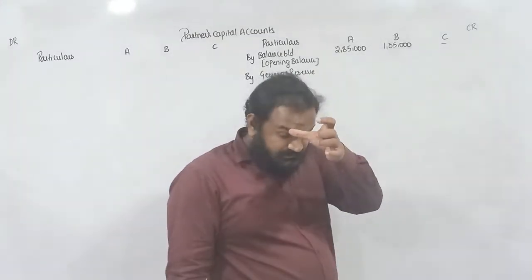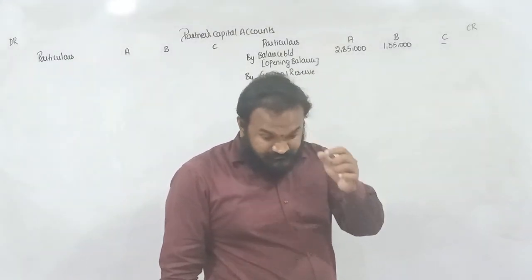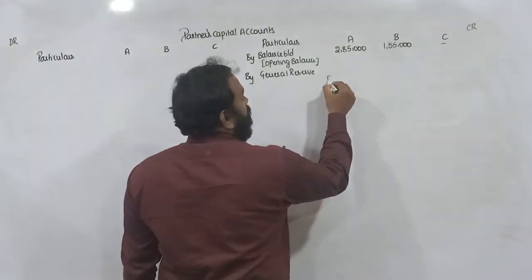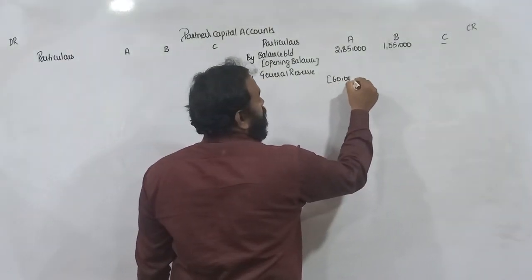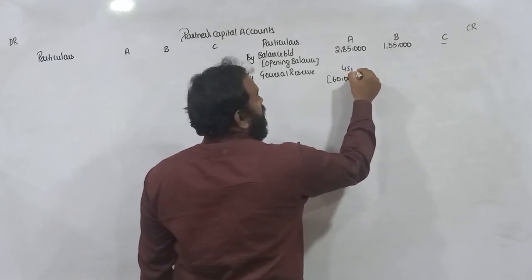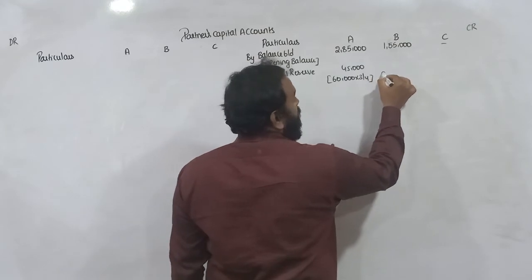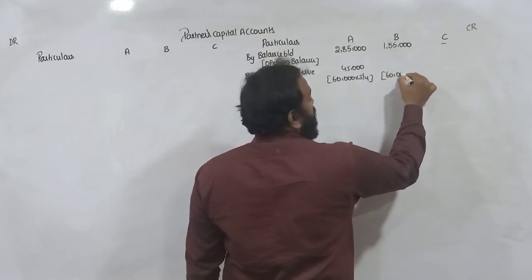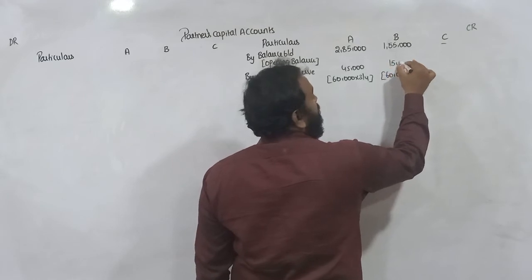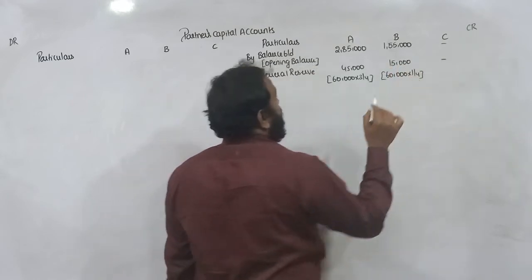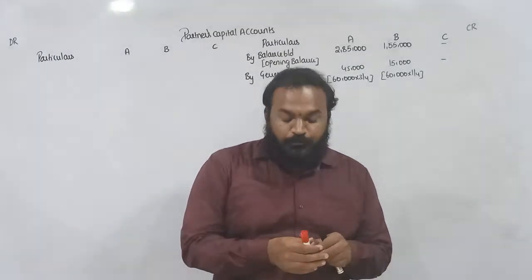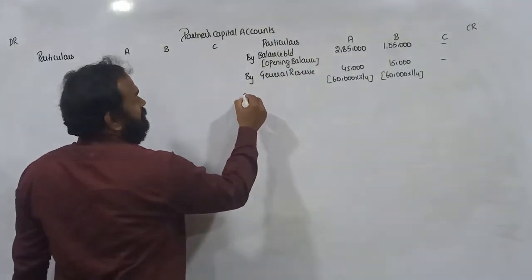It's 60,000 into 3 by 4, it's 45,000, and into 1 by 4, it's 15,000. Right?